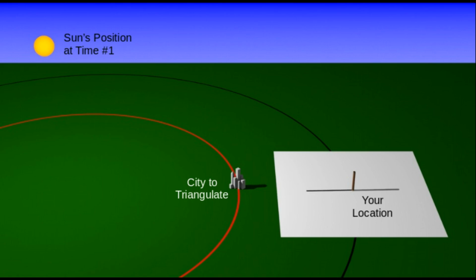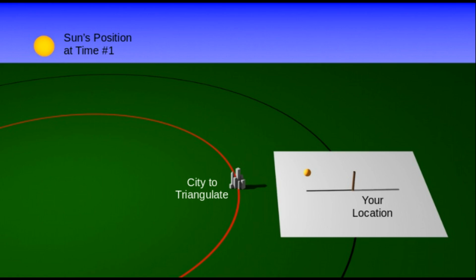And the end of that line now represents the center from which we can draw a circle. And that also represents the height of the scaled version, a scaled miniature imaginary sun that we'll be using on our map to do the triangulation.